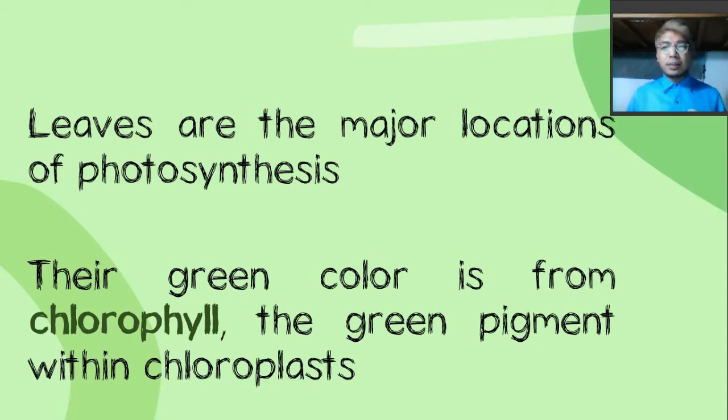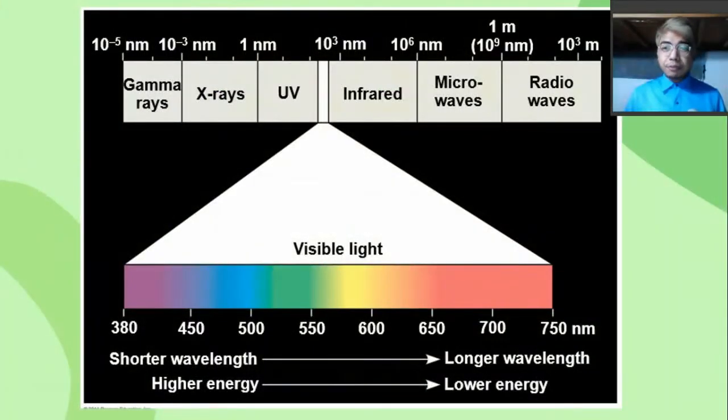Whenever we are talking about this particular process, their green color is from the presence of chlorophyll, which is the green pigment present within the chloroplast. Remember, whenever we are talking about optics and colors, the light that is bounced back by different objects is the color that we can perceive. So we can infer that green light is being reflected by the leaves towards the color receptors in our eyes, if our vision is normal and we do not have color blindness.